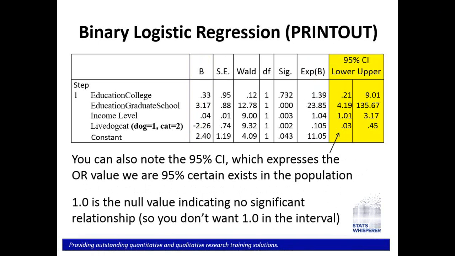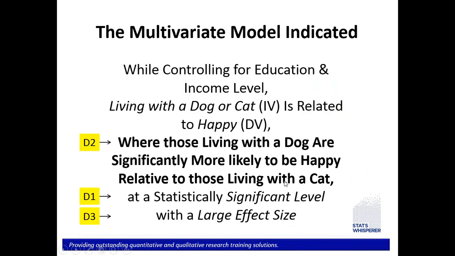So you don't want 1.0 in the interval, because 1.0 is SPSS's way of saying there could be no relationship at all. Usually when 1.0 is included in the 95% confidence interval, it's also not statistically significant. It's casting doubt both ways, through the lack of statistical significance and the null value being in that confidence interval.